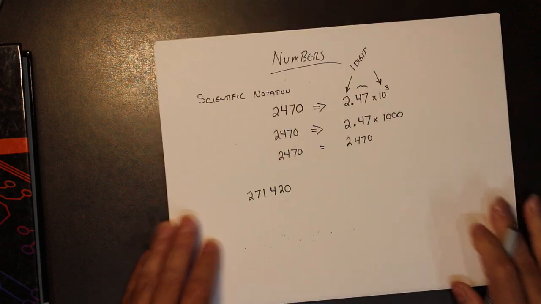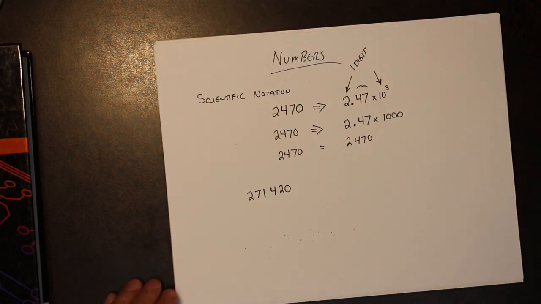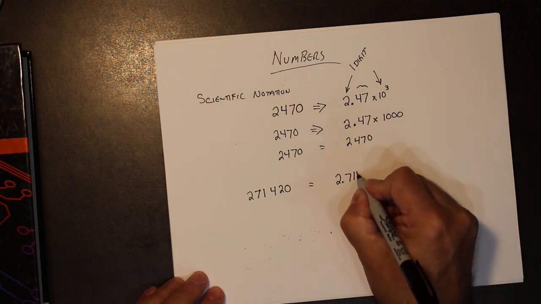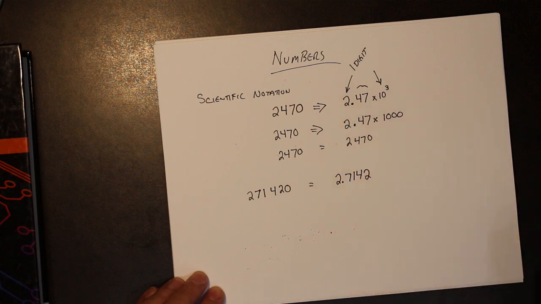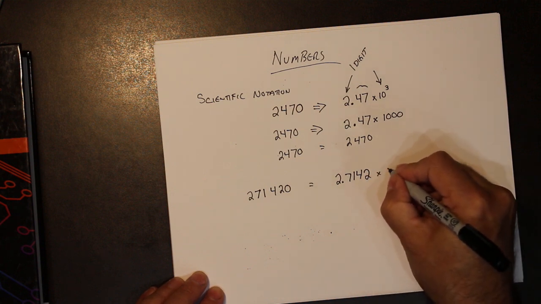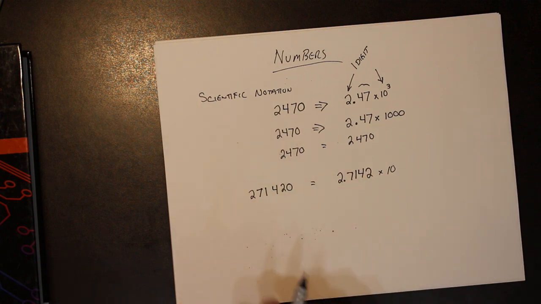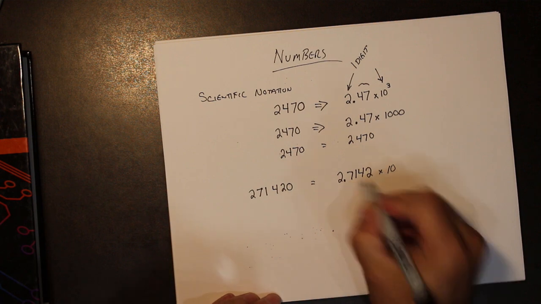So another example would be 271,420. In scientific notation, this works out to be 2.7142 times 10 to the what? Well, basically, we go like this. Where is the decimal point? It is there.